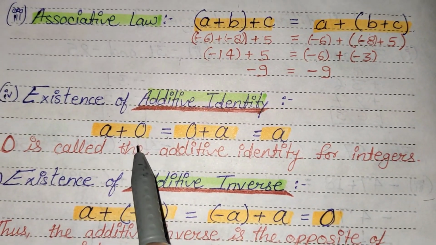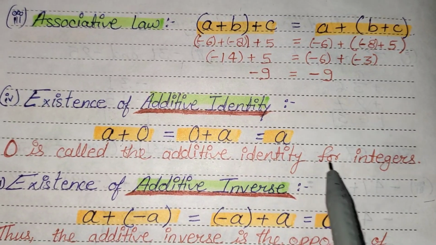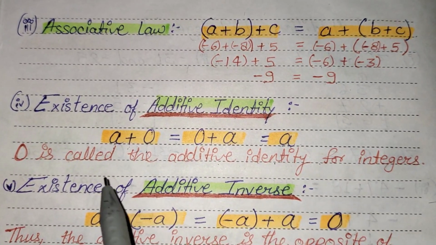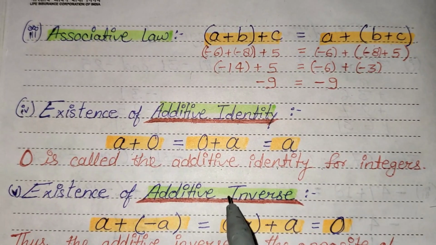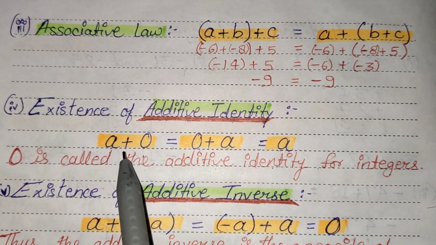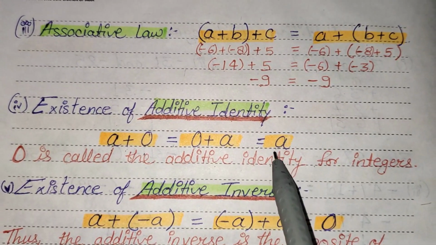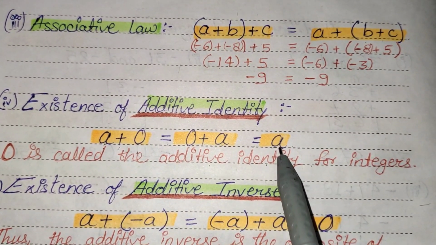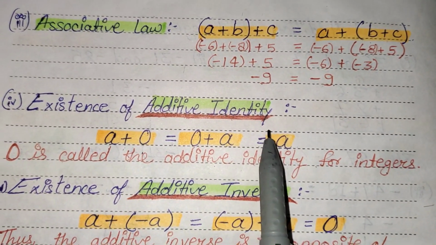So 0 is called the additive identity for integers. Adding 0 to an integer or adding an integer to 0, we get the integer itself as the result.